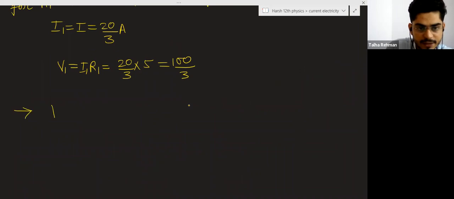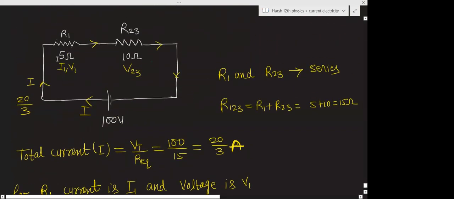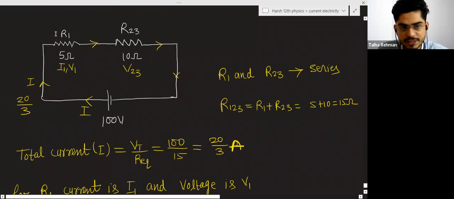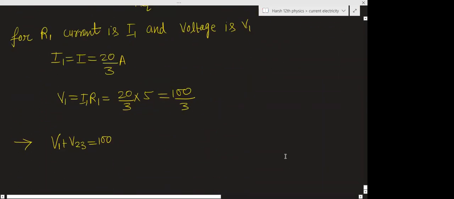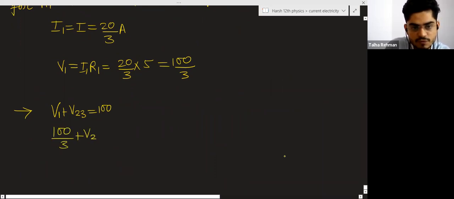Can I write this V1 plus V23 is equal to 100? You can see that the voltage across this plus voltage across this is equal to the total voltage. So we have the value of V1 as 100 by 3, plus we have to find V23 that is equal to 100.